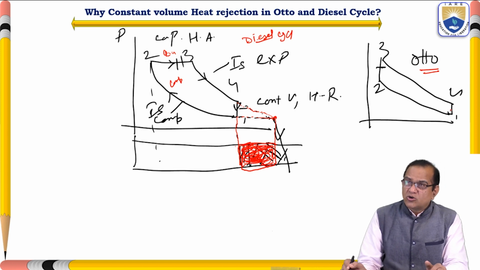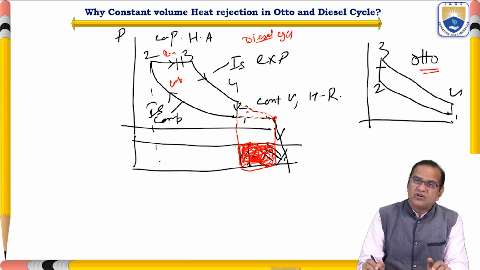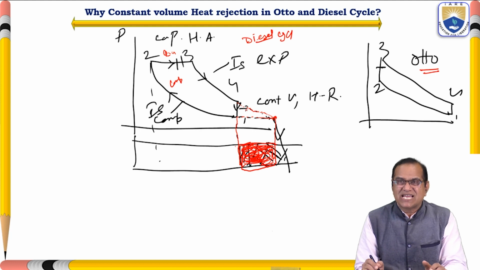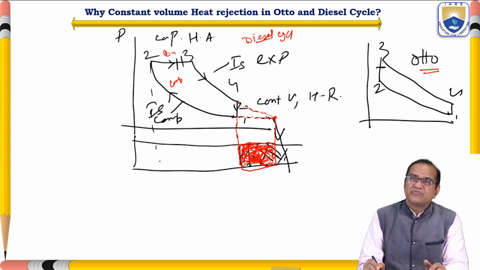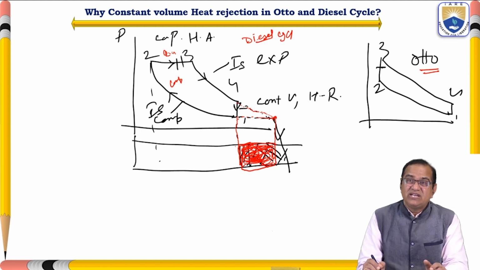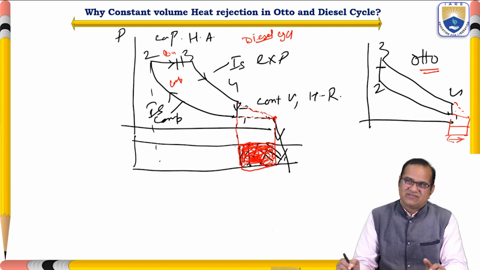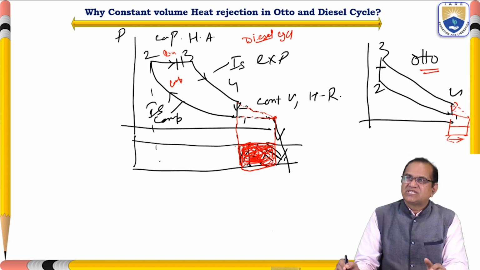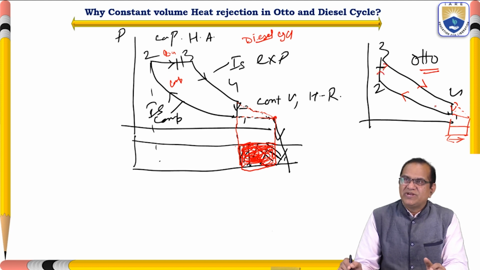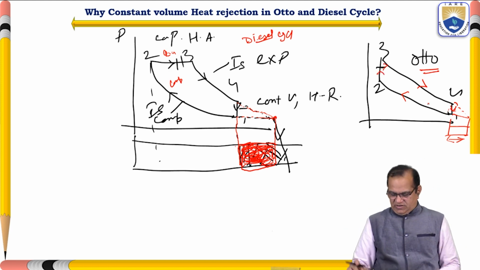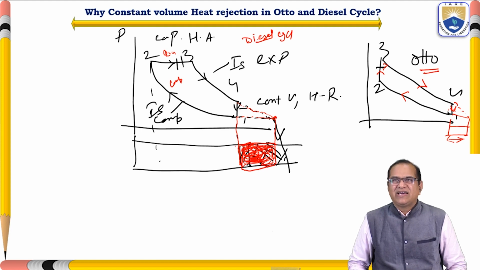So in the Otto cycle and the diesel also, in both the cycles, or even in the dual cycle, we are using constant volume heat rejection, not constant pressure heat rejection. The same thing can happen here also. This much size of your cylinder will increase. To avoid that, we use this process, that is the constant volume heat rejection. That is the benefit of doing the constant volume heat rejection.